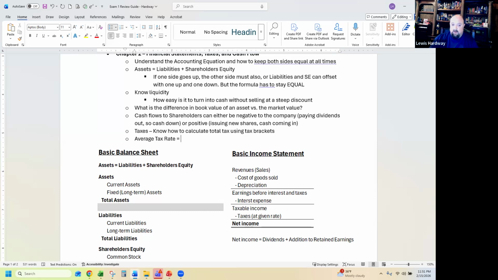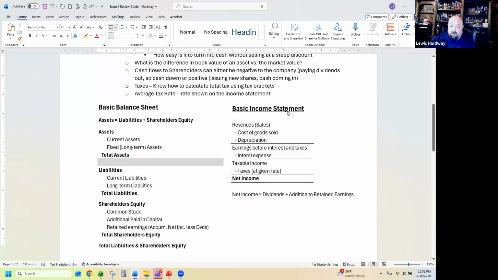If you're given the taxable income and you're given the tax amount, you can do the backwards math and figure out what the tax rate is. So the average tax rate equals the rate shown on the income statement. You want to be able to calculate that. I saw that showing up in some questions, so that's worth looking at.